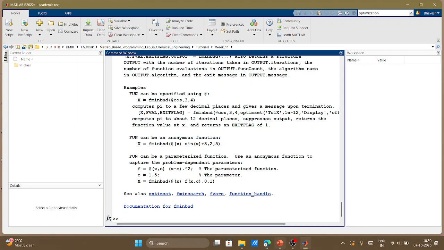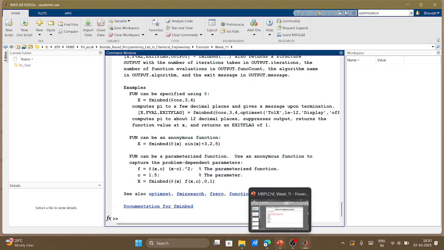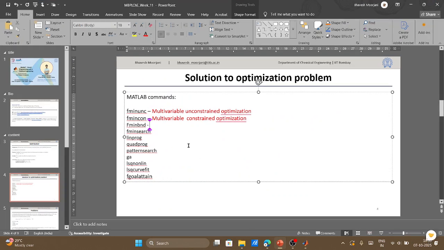Okay, so this is a univariable optimization problem within a given bound, limit.